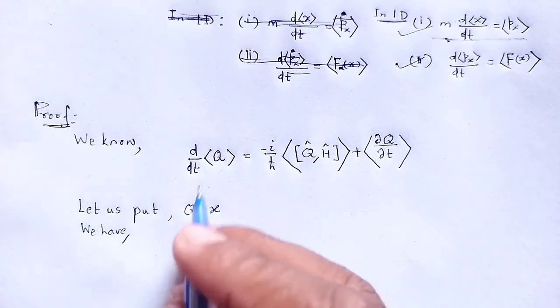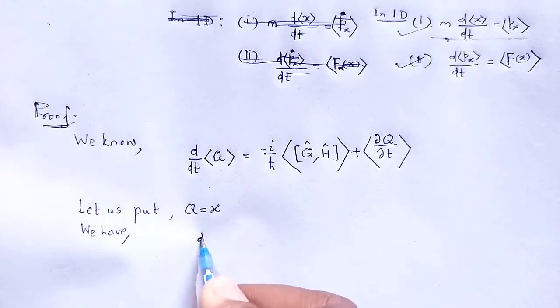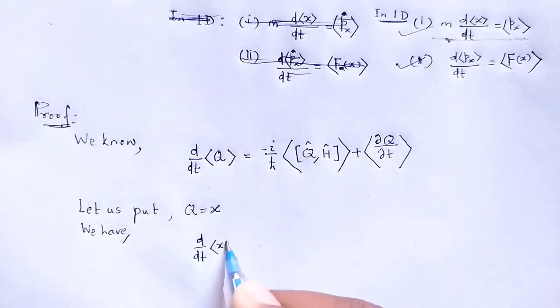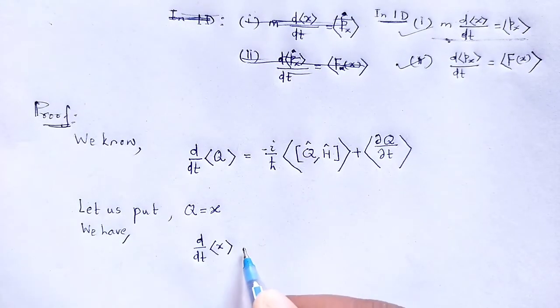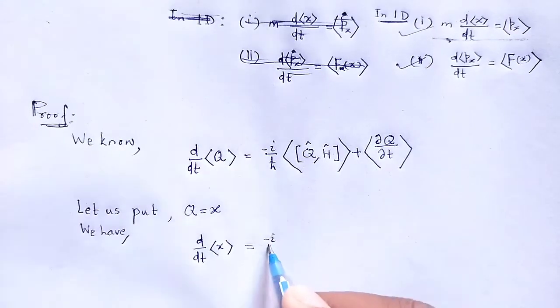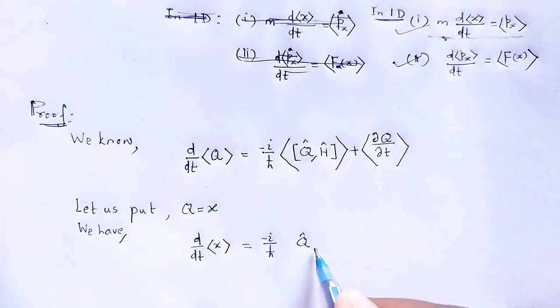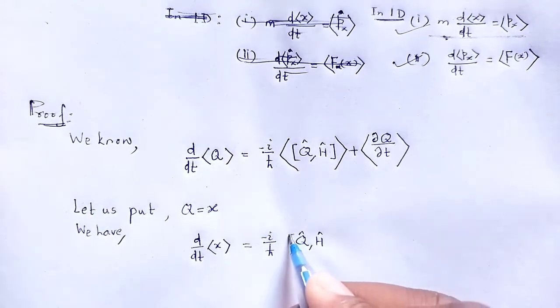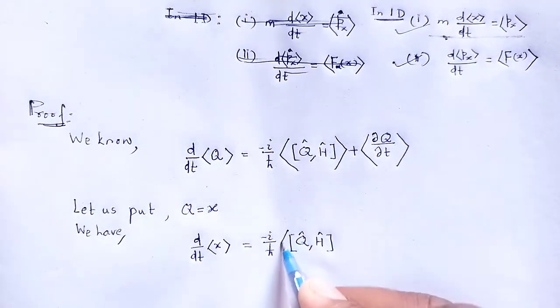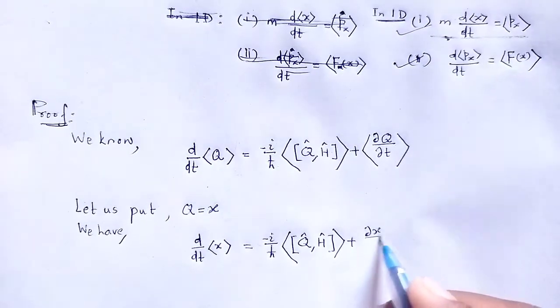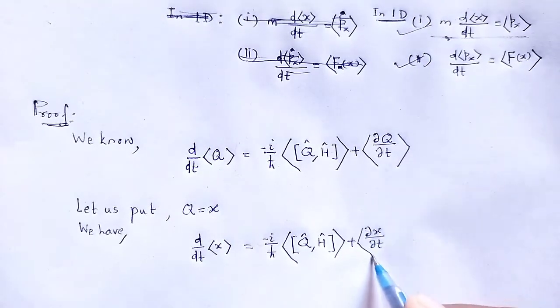First we write d by dt expectation of x is equal to minus i by h cross, the expectation of the commutator of x cap and h cap, plus the expectation of del x by del t.